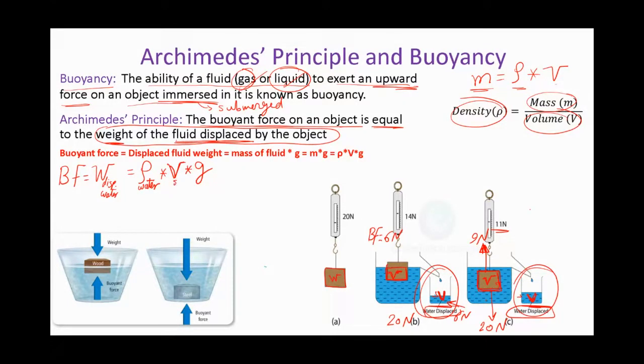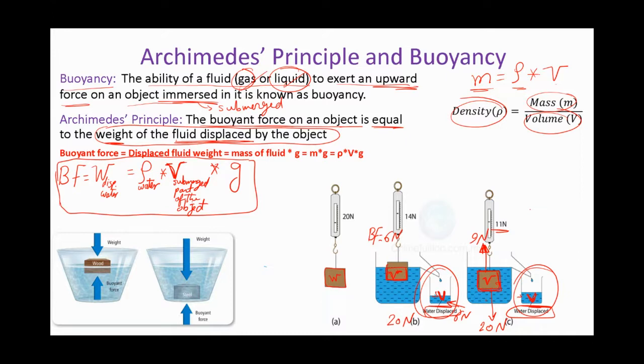It's the volume of the submerged part of the object. So this volume, the volume of the displaced water, is the same as the volume of the submerged part of the object, times gravity. So this is the buoyant force.